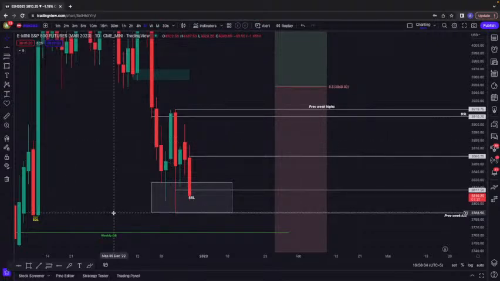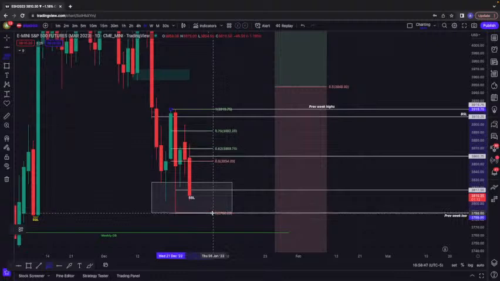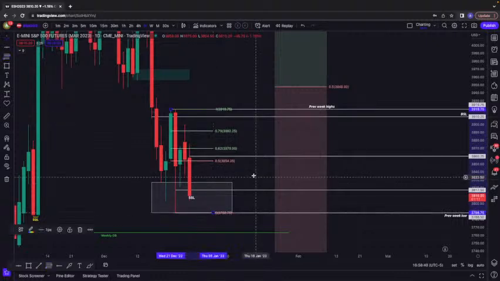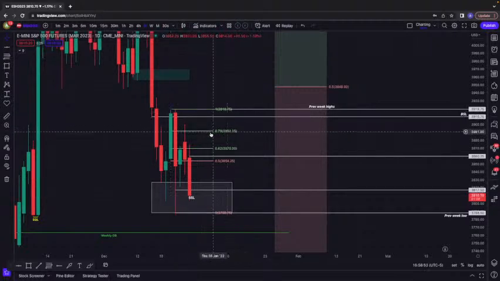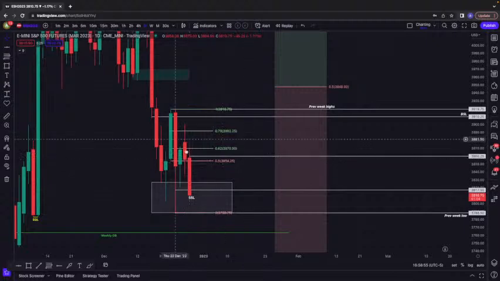So what you can actually do is run the fib tool high to low, and this will give you which side the candles are going to break on of this outside bar.